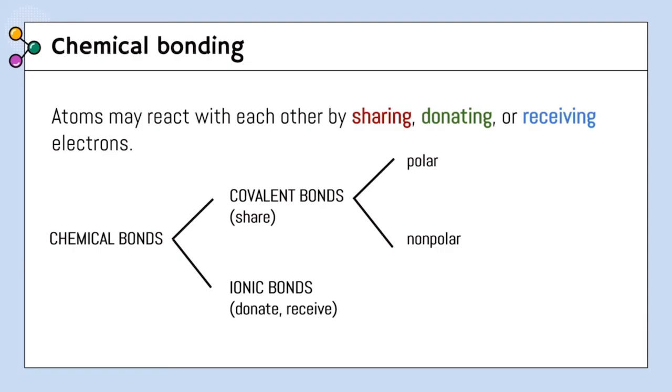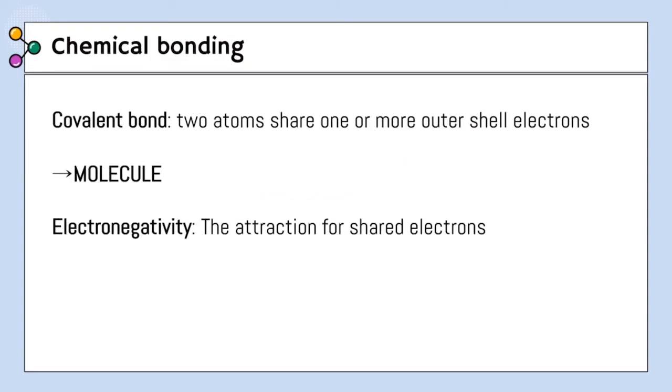These interactions are usually held by attractions called chemical bonds. The strongest kind of chemical bond is a covalent bond, in which two atoms share one or more outer shell electrons, and the compound formed by covalent bonding is called a molecule.